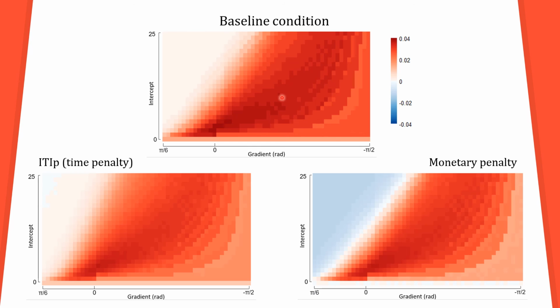Relative to this condition, you can observe that both the time and monetary penalty manipulations have kept the optimal policy largely the same, while lowering the reward rate associated with non-optimal policies, particularly those with negative gradients.